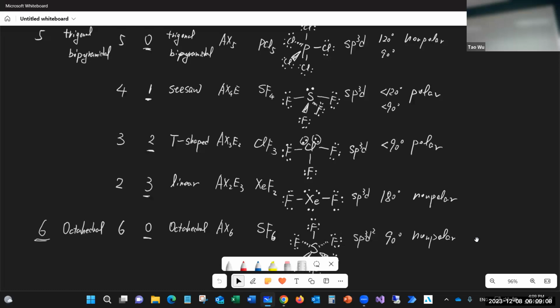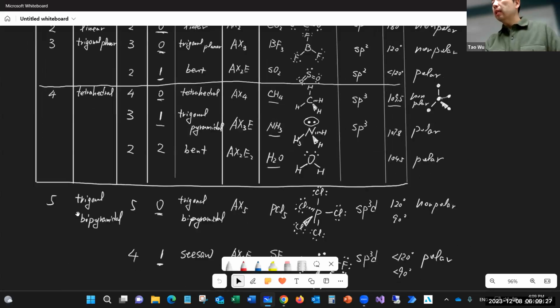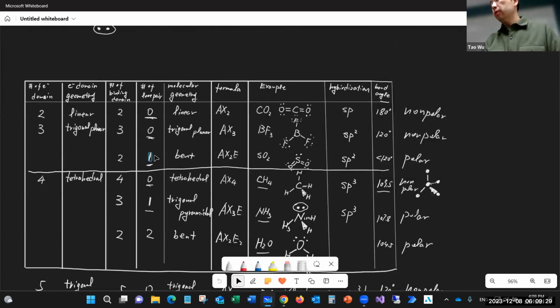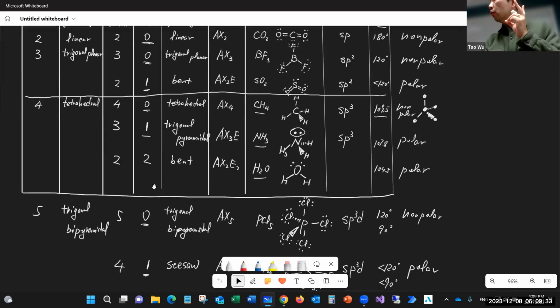How could it balance the whole electron distribution? It can't. So if you have different atoms, that's going to be a polar molecule. And if this molecule has a number of lone pairs, then there are only two options.